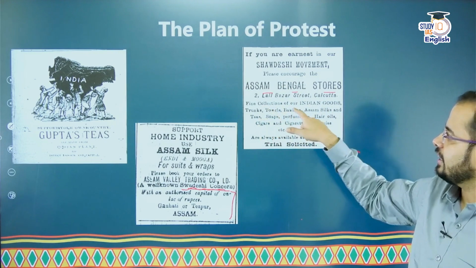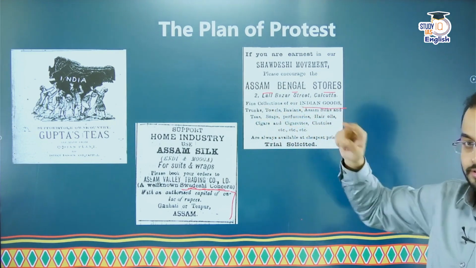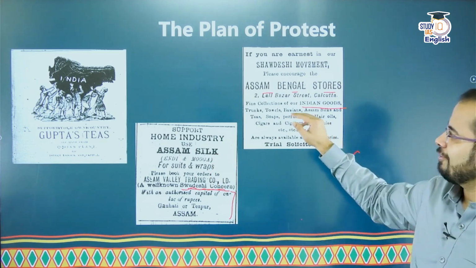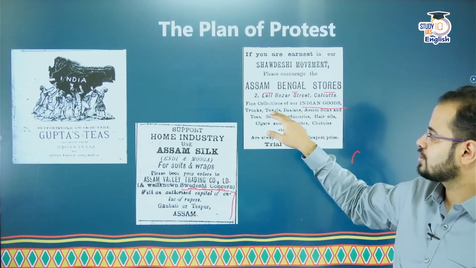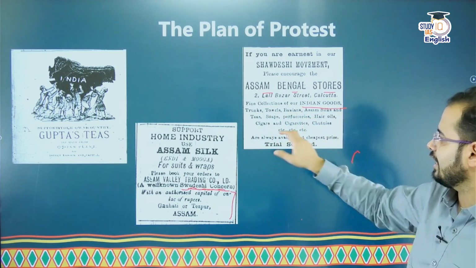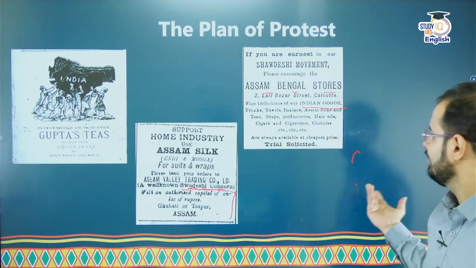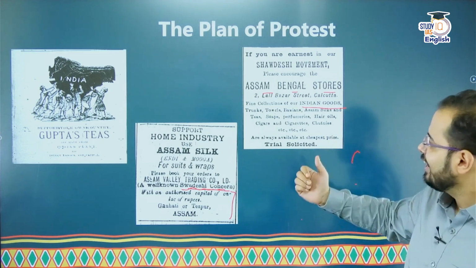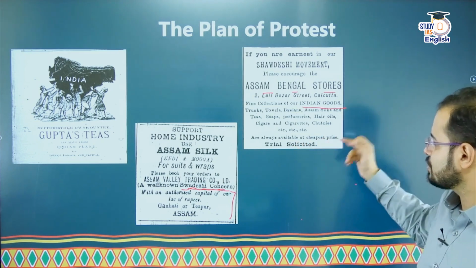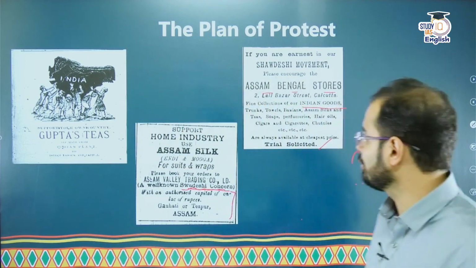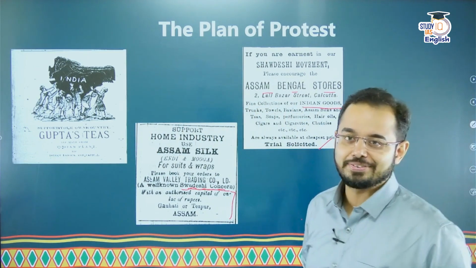Then it says, fine collection of our Indian goods, in very marked capital words: trunks, towels, banyans, Assam silk, tea, soap, perfume, hair oil, cigars, cigarettes, chutneys, etc. And as always, available at the cheapest price. Trial is solicited, that you can come and try our products, completely Swadeshi. And by my God, it's a very good shop because it is offering everything out there.